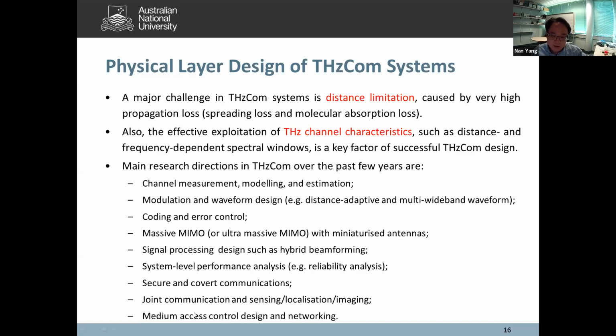At the same time, if we want to build up the terahertz network, we need to look at the MAC layer control as well as the networking protocol design. So these are the main research directions of terahertz communication over the past years.